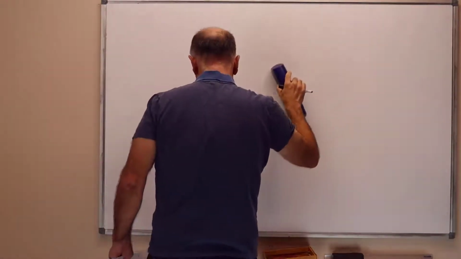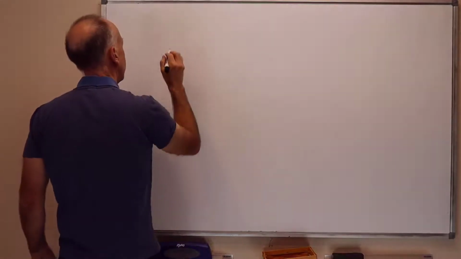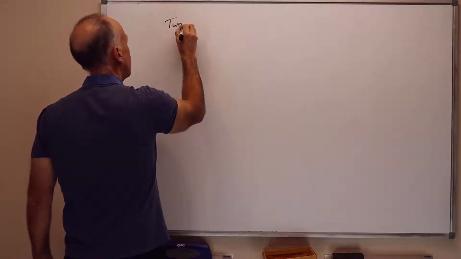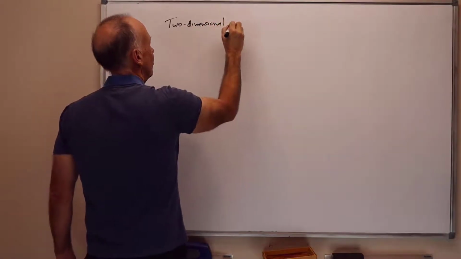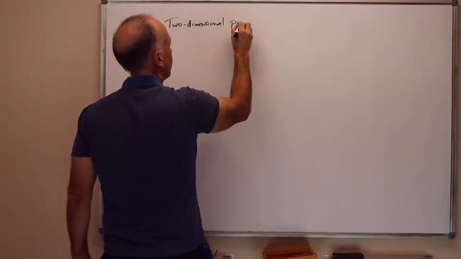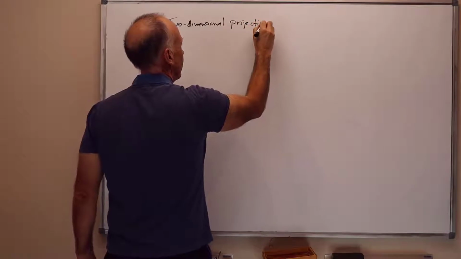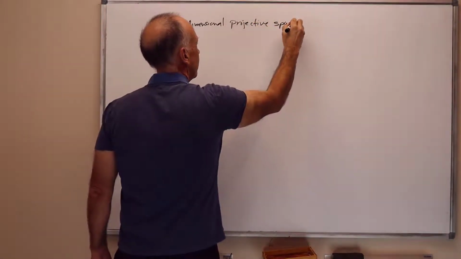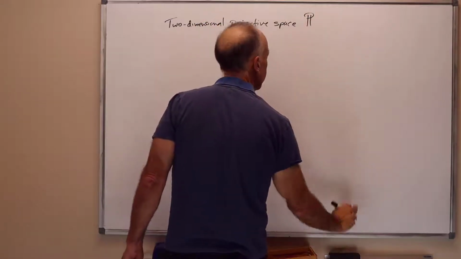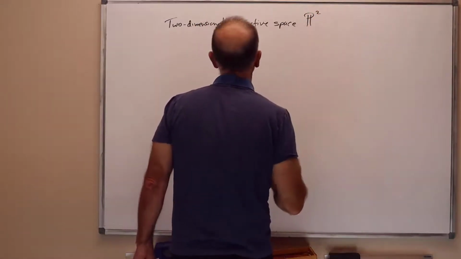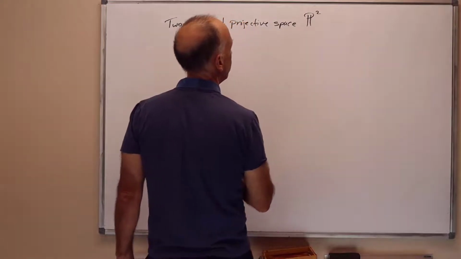So this leads us to projective space. So two-dimensional projective space. Here we're getting to a new kind of geometry called projective space. We're all used to Euclidean geometry on the plane, but projective space can be viewed as a bit of a variation of that. We call it P2 rather than R2.